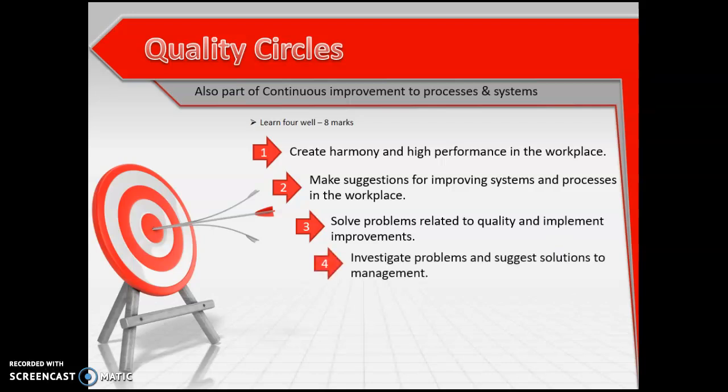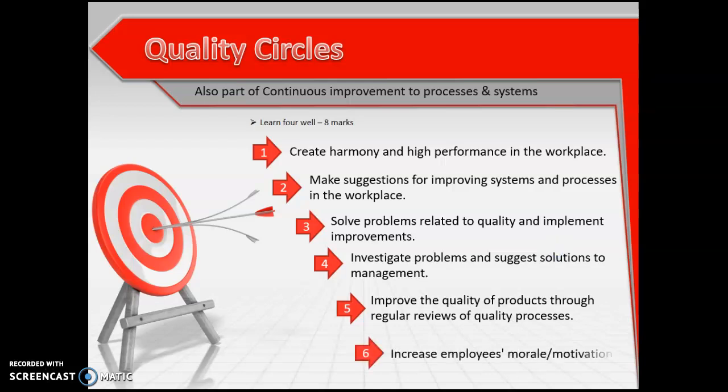They investigate problems to see why is this happening, and then they suggest solutions to management so that everything can improve. Can you see why it's part of that continuous improvement? It improves the quality of products through regular reviews of quality processes, because remember, quality circles meet regularly. And lastly, it increases employees' morale and motivation.